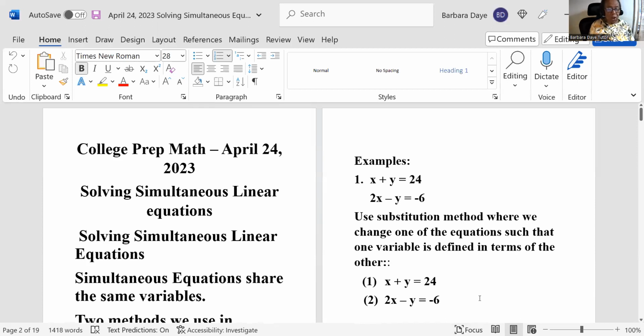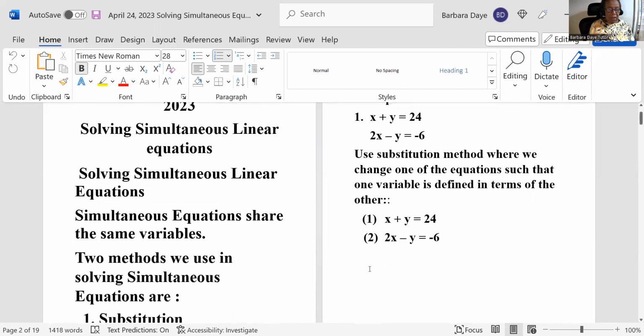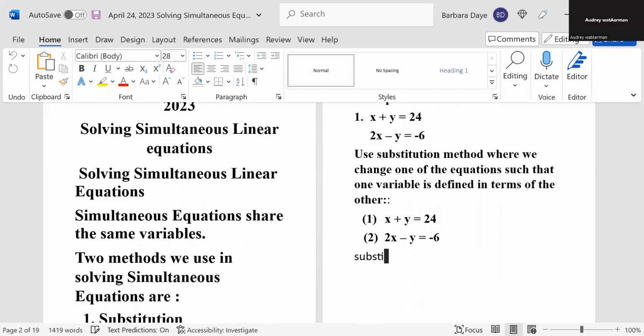Then we'll have just one unknown. Now, if x plus y is 24, we're using the substitution method here. So we can take equation 1 and let's just solve it for x.